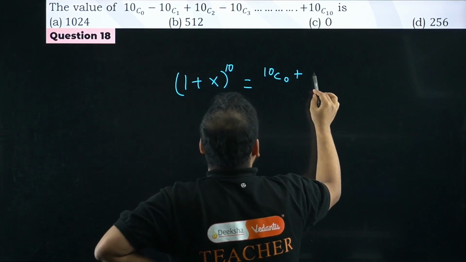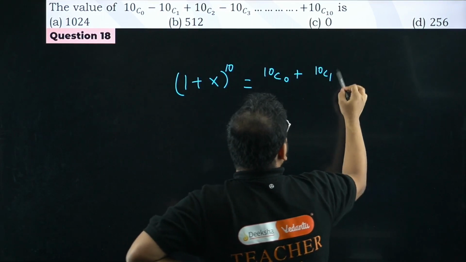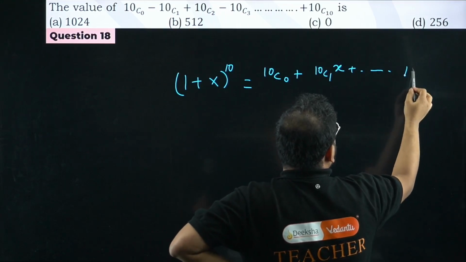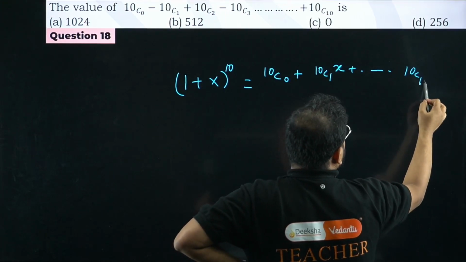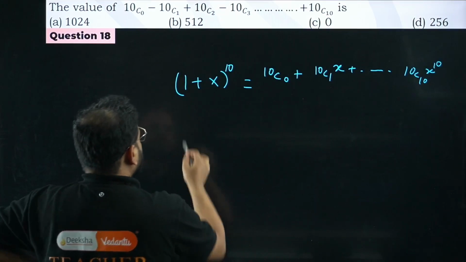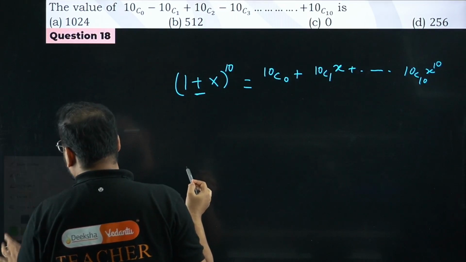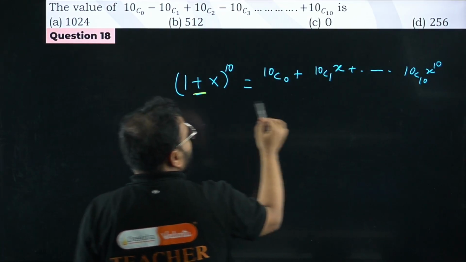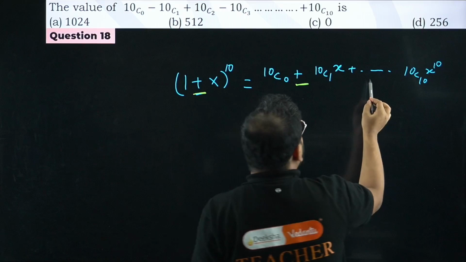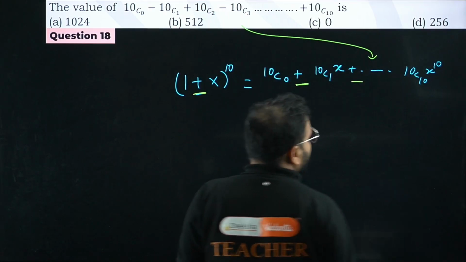Again we can write 10C1 x, and like that it will go till 10C10 x power 10. Agreed? Now if I write this again for the minus sign, the odd terms will become negative. Put a minus sign here and you'll have negative terms for 10C1 and 10C3, while the even ones stay positive.